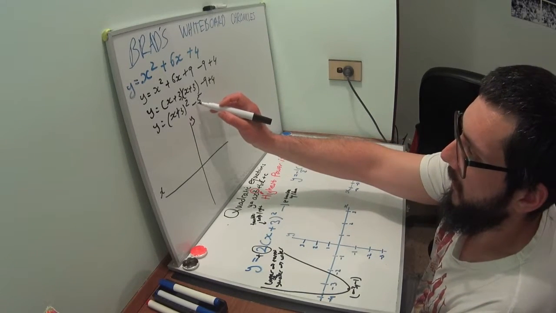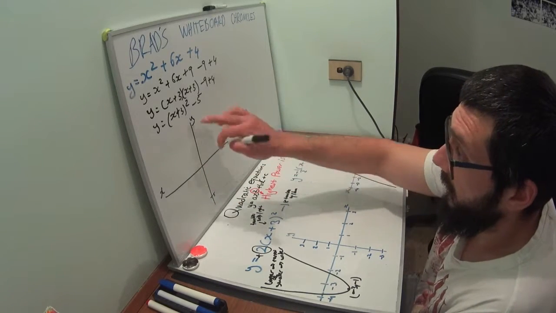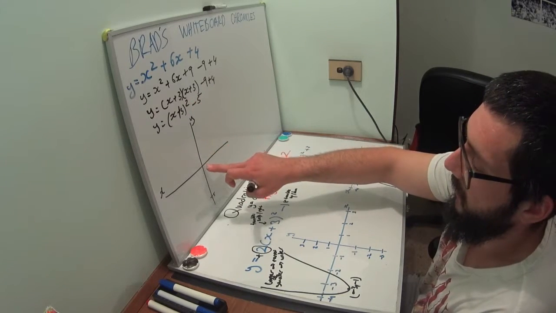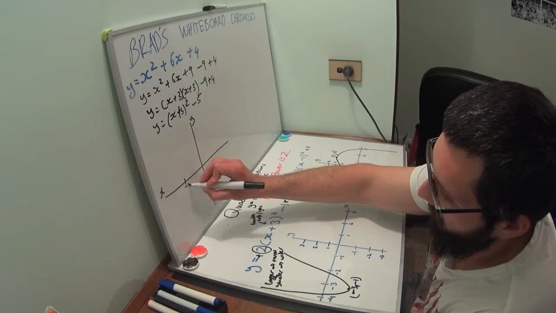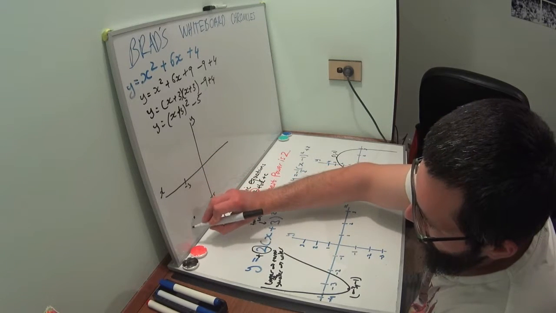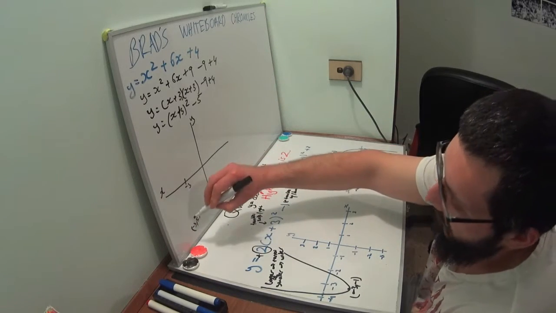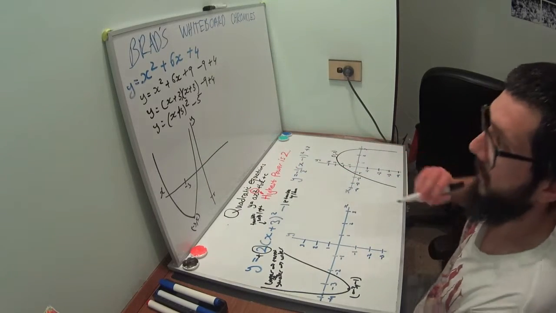So y is being translated -5 down, so -5, and because that's positive, I'm being translated in the x to the -3. So -3, -5 is my turning point, and I'll have a positive parabola, so it looks something like that.